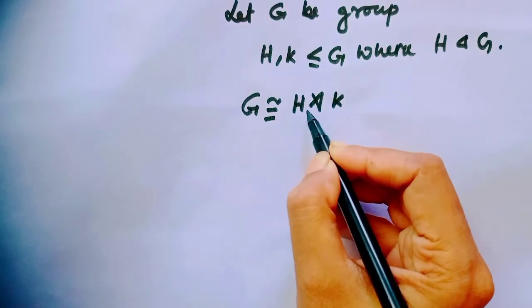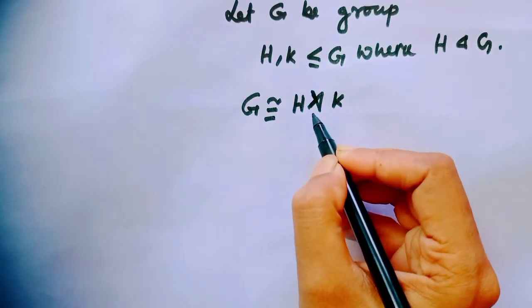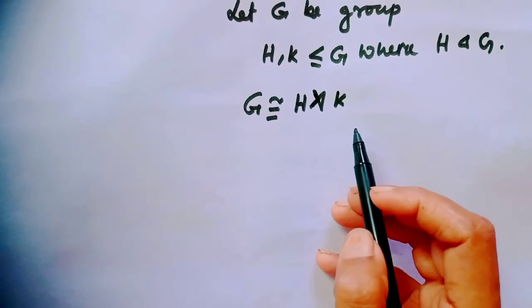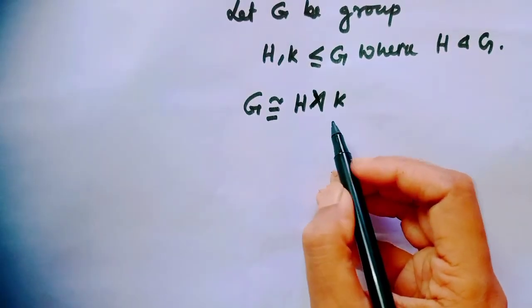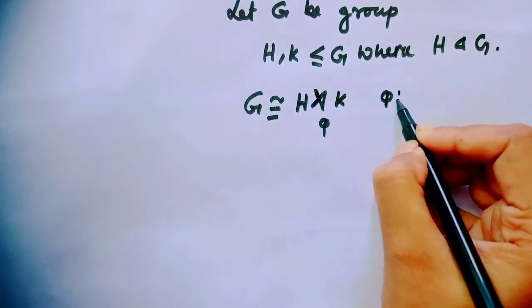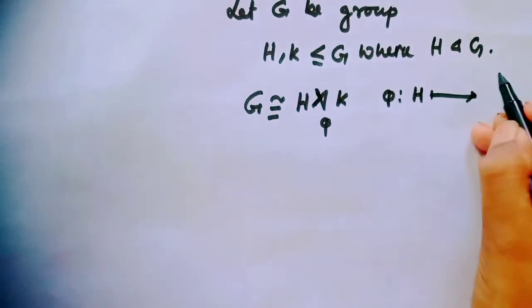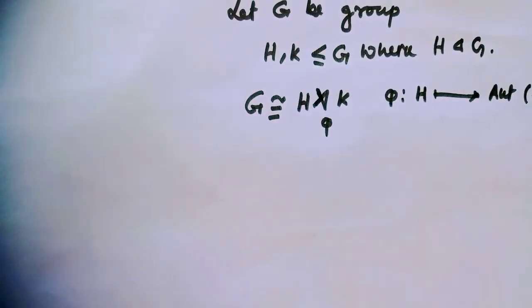This arrow indicates that H is a normal subgroup, and G is isomorphic to H semi-direct product K with the homomorphism phi, where phi is a homomorphism from K to the automorphisms of H.